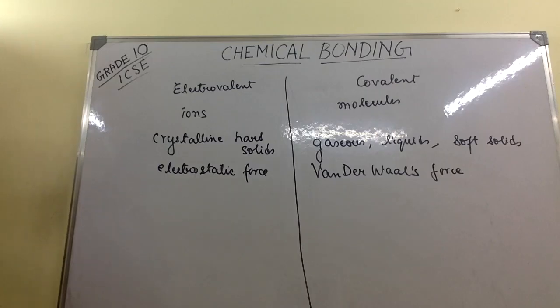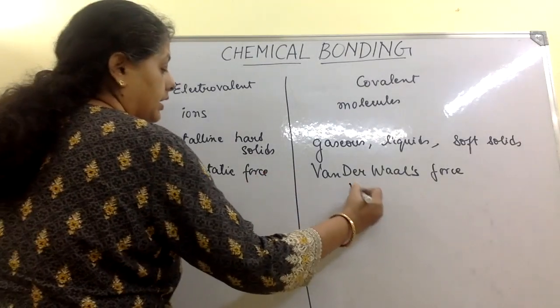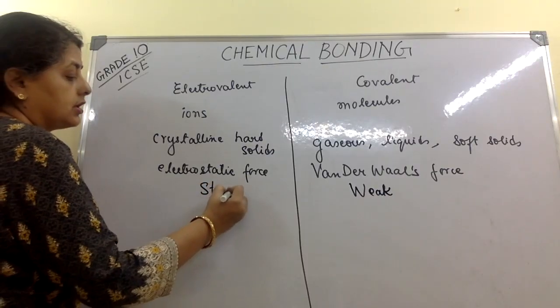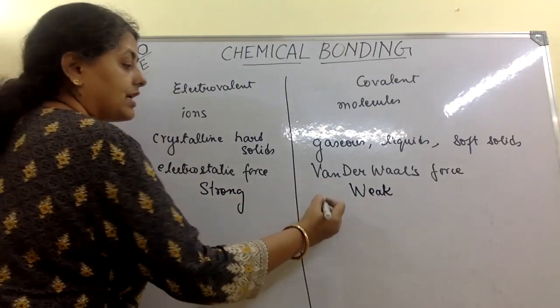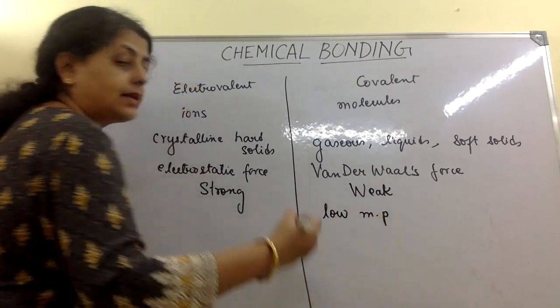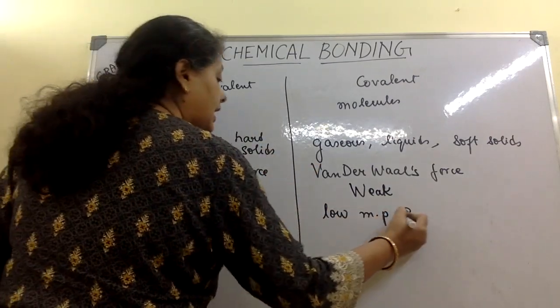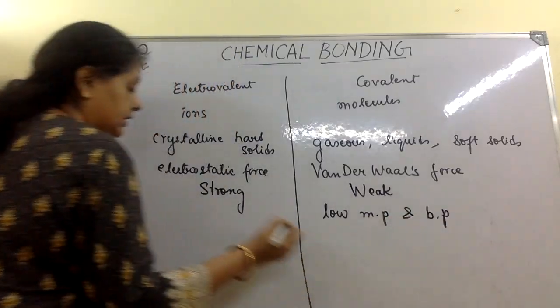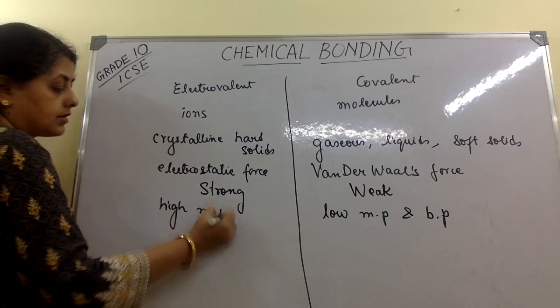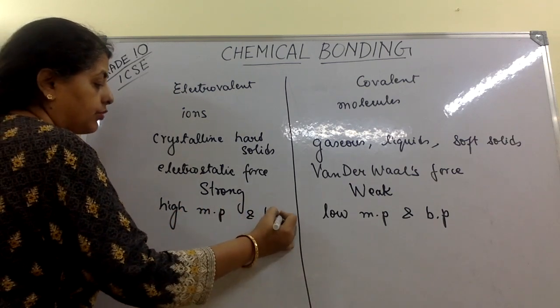This is a weak force and this is a strong force. This weak force is the reason why they have a low melting point. Wax has a very low melting point and boiling point. This is strong, so high melting point and boiling point.